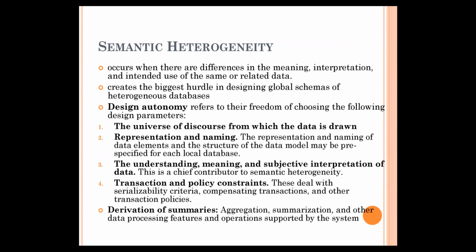If you are using different databases in the backend, and you are trying to share the data through a common network, maintained in a centralized database, then there will definitely be an issue in sharing, updating, modifying, and creating the schema, giving access rights, all those things. This creates the biggest hurdle in designing global schemas of heterogeneous databases.